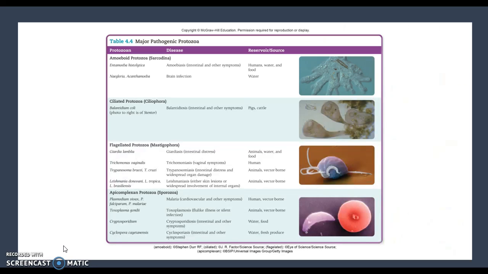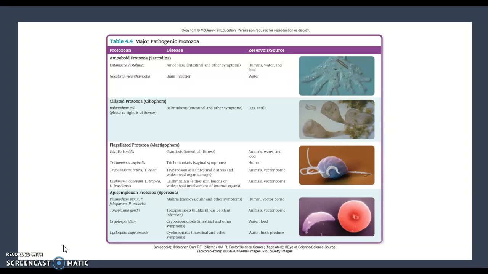So these are some major pathogenic protozoa. We have the amoeboids, or the sarcodinas, Entamoeba histolytica, we mentioned earlier, and Naegleria, Acanthamoeba. These are responsible for brain infections. Entamoeba histolytica causes amoebiasis.